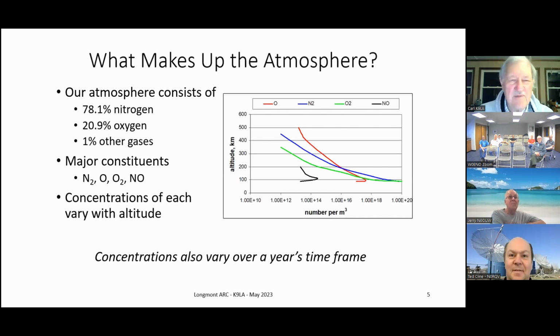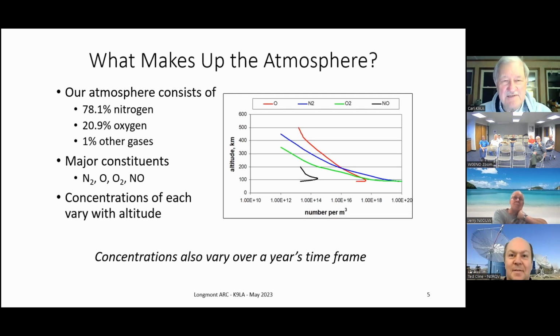Then there's about 1% other gases. Now, each concentration varies with altitude, and also the concentrations vary over a year's time frame. So there's a lot of things going on up above us.